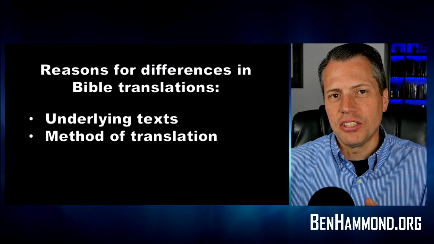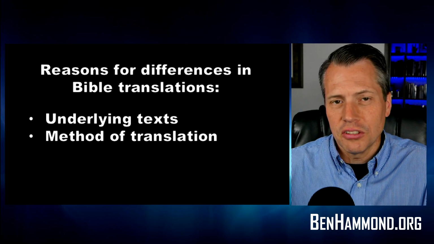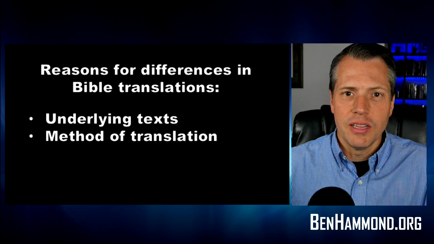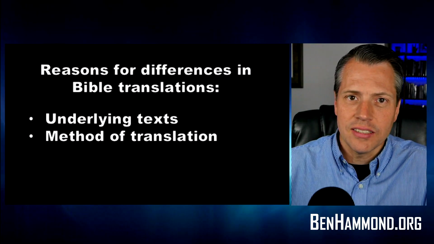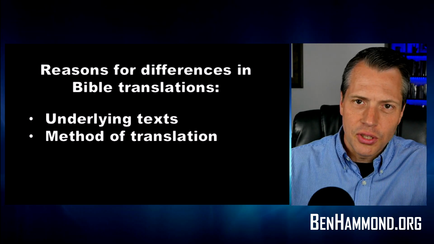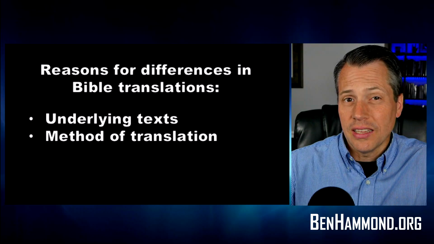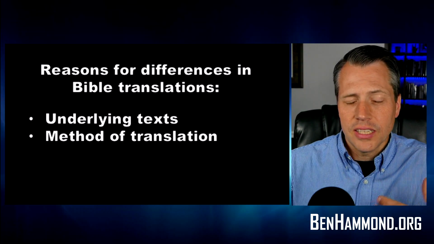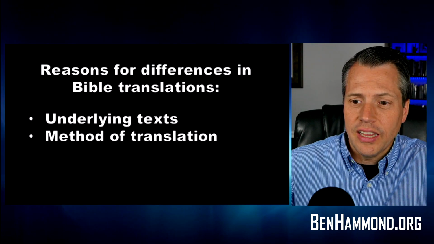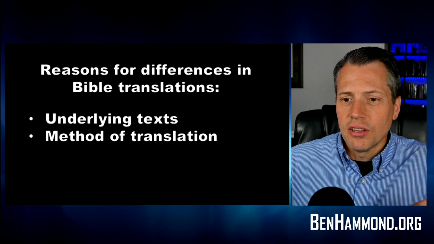Because you have the discussion about the different text types: the Alexandrian, the Western, which isn't too big of a deal in this context, but then the Byzantine text type, which is basically where the Textus Receptus comes from. And that's usually where all your arguments are, whether you should use the Alexandrian text or the Textus Receptus, the Byzantine text, things like that. So we talked about that in the previous video, and I would really encourage you to go and watch those.